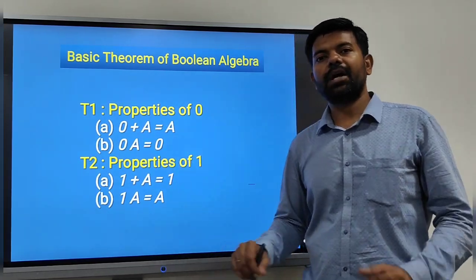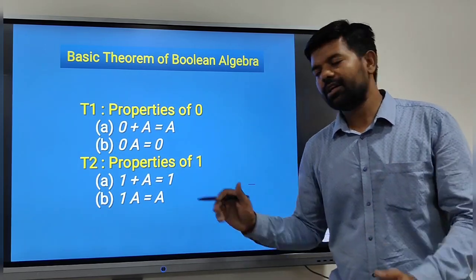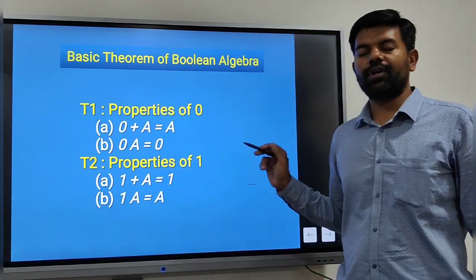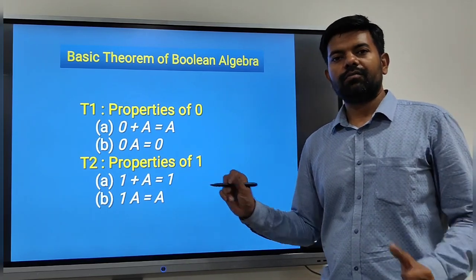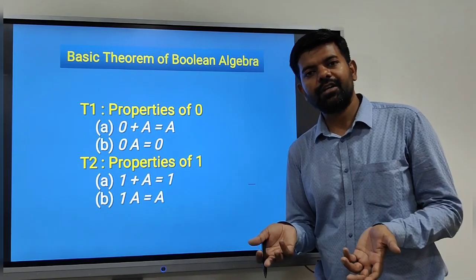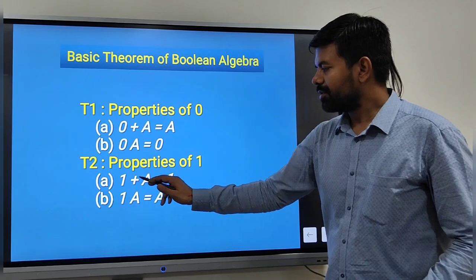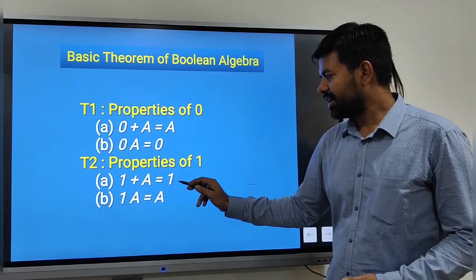Similarly, 0 multiplied by anything gives 0. Then the property of 1: 1 plus any variable gives 1 only, because we don't have higher values, only 1.